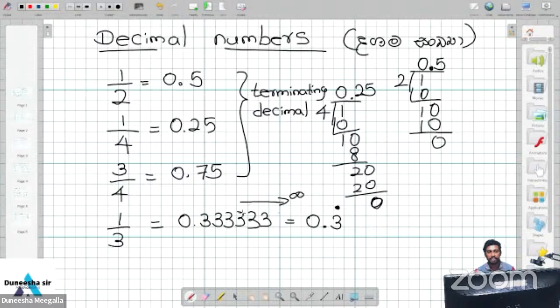Okay. Can you write it? Okay. Then you also have to get 1 over 7. 1 divided by 7. 0.1428571. Yes.